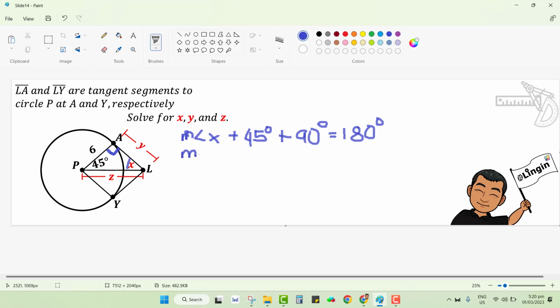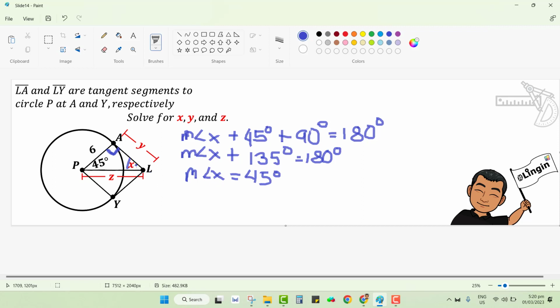When added, this results in 180 degrees because of the triangle angle sum theorem. In short, the measurement of angle x plus this, which is 135 degrees, is equal to 180 degrees. The measurement of angle x is 180 minus 135. You will get a result of 45 degrees.